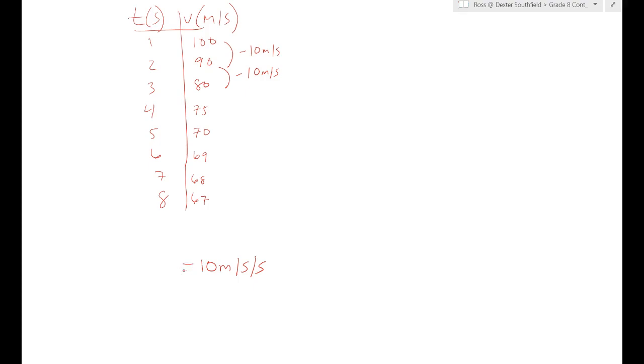We're hitting the brakes. Now we're jumping only by 5. Again, by 5. So that tells us that our rate of acceleration is negative 5 meters per second per second. And then here we go down from 70 to 69 to 68 to 67. That tells us that we're going down by negative 1 meters per second in each of those instances.